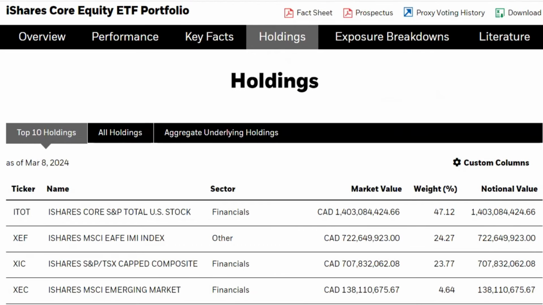So for example, if I show you the underlying holdings, you see with XEQT, approximately 47% of exposure is to the US stock market, around 24% exposure to international developed market, excluding Canada and US, around 24% exposure to Canadian market, and roughly 5% is exposure to emerging markets.